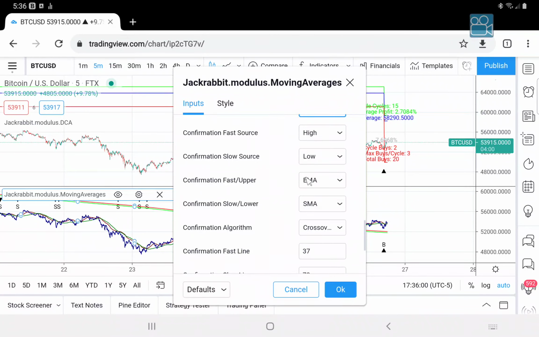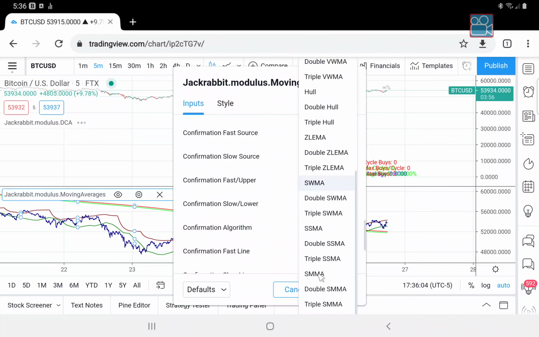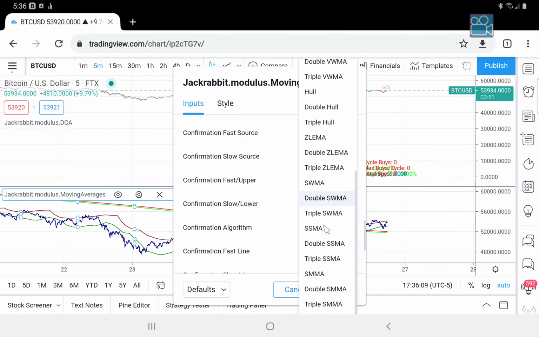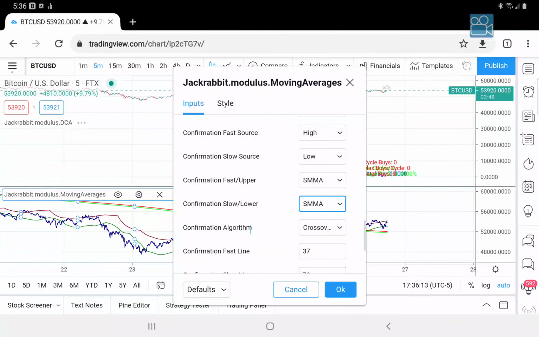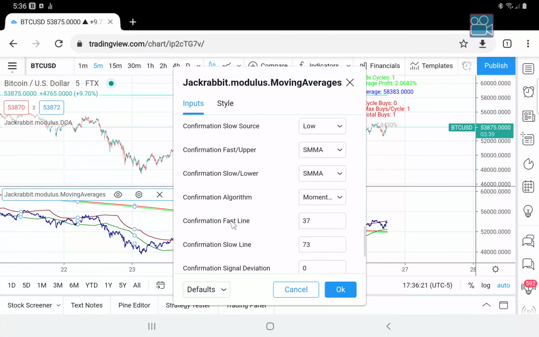And now I'm going to use a different moving average. Okay, let's go to momentum. And the same numbers as above, 4320.